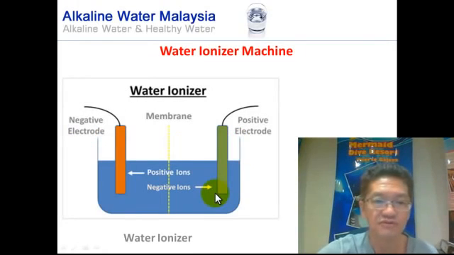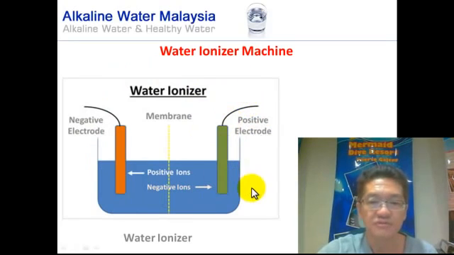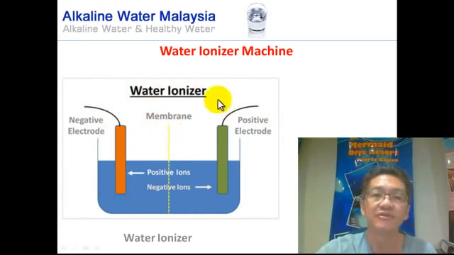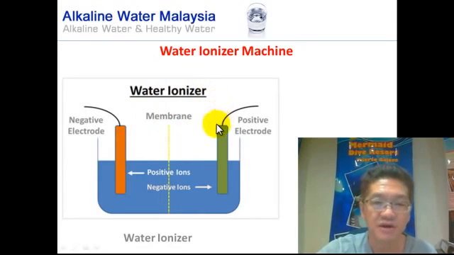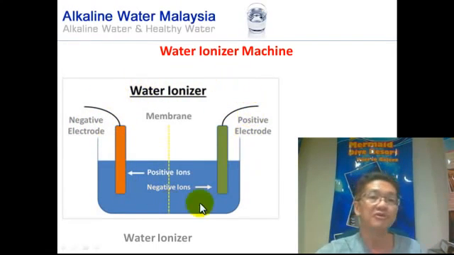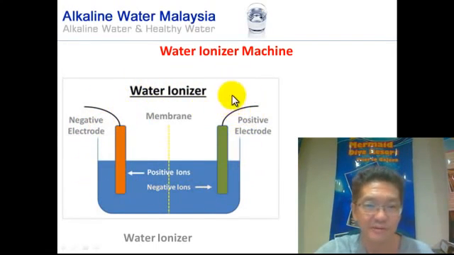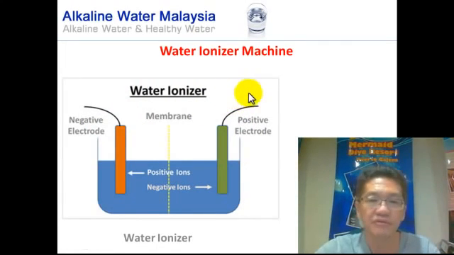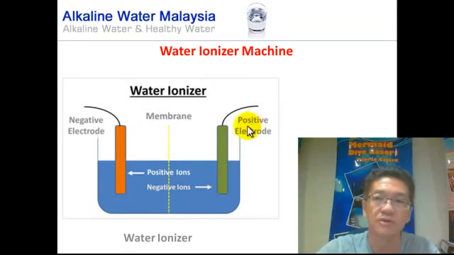So this is the basic structure of a water ionizer machine. Now, most of the commercial water ionizers in the market normally include a filter of some sort to further take out things like chlorine or bacteria and so on.